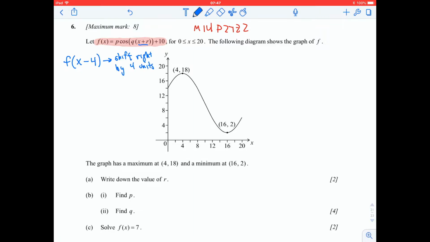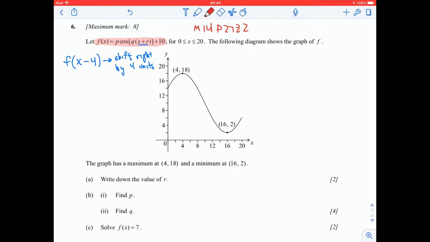The thing that was a little bit counterintuitive when we did this before is that when we add or subtract constants inside the function on the inputs like we have here, the shift is not in the same direction as we would expect. For example, this is x minus 4. You might think that it would move left 4, but it doesn't. That actually corresponds with a shift right by 4 units.